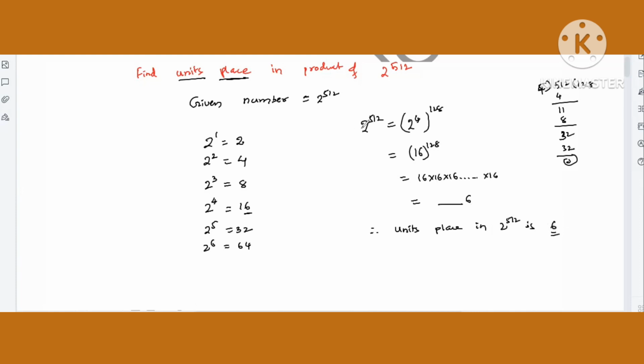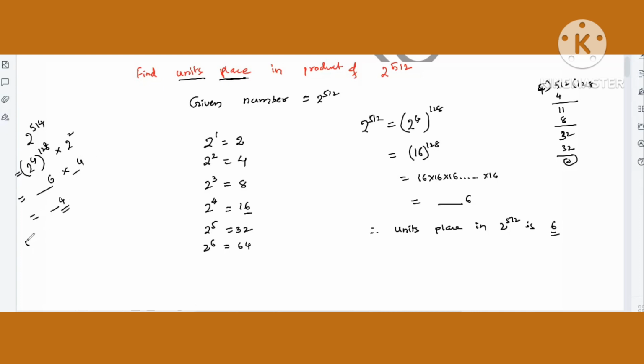If the same question is given for 2 power 514, how can you write it? The same thing: 2 power 4 to the 128, which gives only 512, but 2 more are still there. So you have to take 2 square. You know that 16 is ending with 6 and 2 square is ending with 4. 6 into 4 is 24.